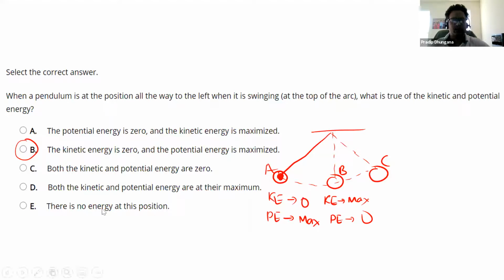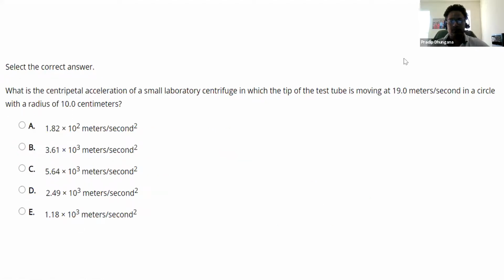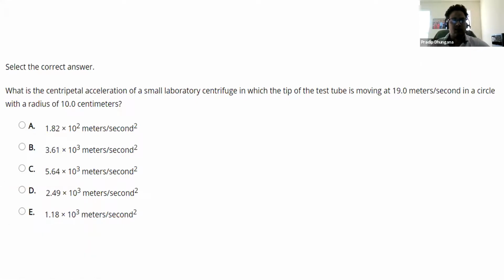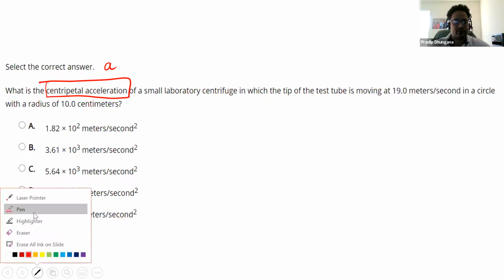Now let's work on another problem. The question is, what is the centripetal acceleration? Centripetal acceleration, denoted as a, of a small laboratory centrifuge in which the tip of the test tube is moving 19 meters per second in a circle with a radius of 10 centimeters.